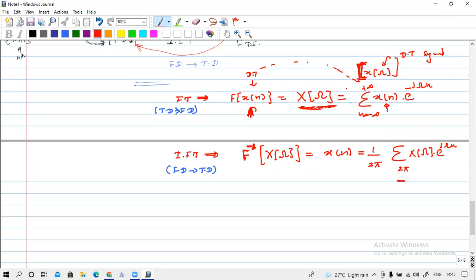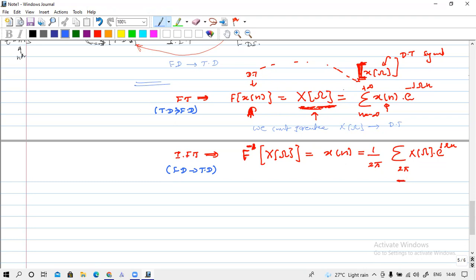So we can't guarantee that this X(ω) is definitely a discrete time signal.